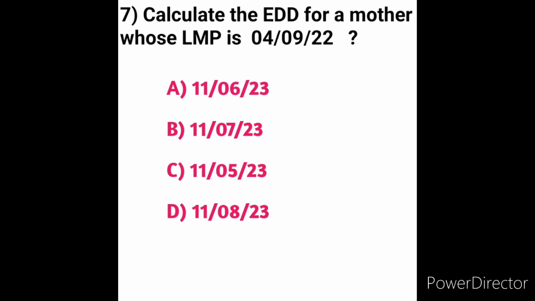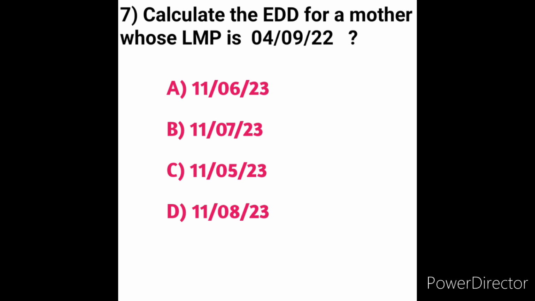Here EDD by LMP is calculated by adding 280 days to the first day of the last menstrual period. You can also subtract 3 months from the first day of the last period and add 7 days. Pregnancy normally lasts from 37 weeks to 42 weeks from the first day of the last period.